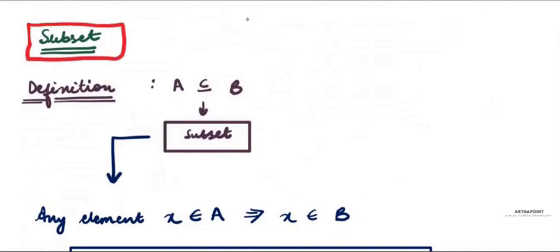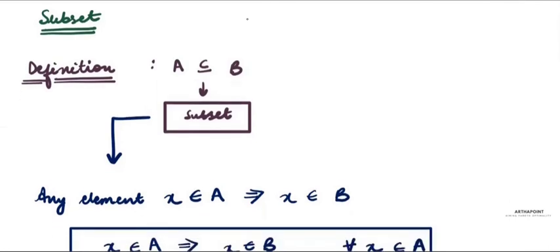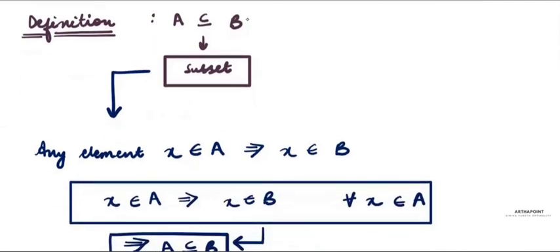What is a subset? To understand what a subset is, we should understand the definition of it mathematically first, and then I will explain it to you. So please understand this definition first.